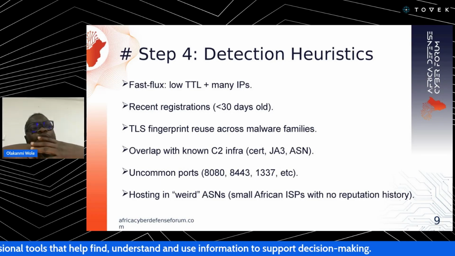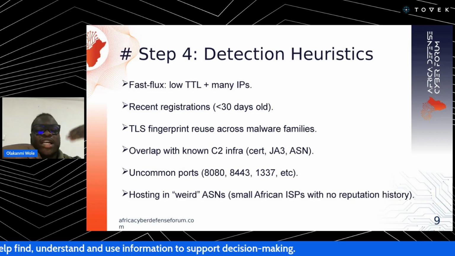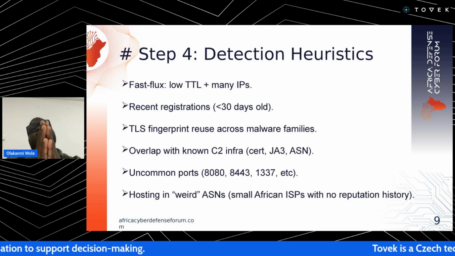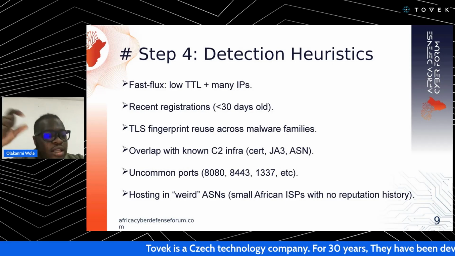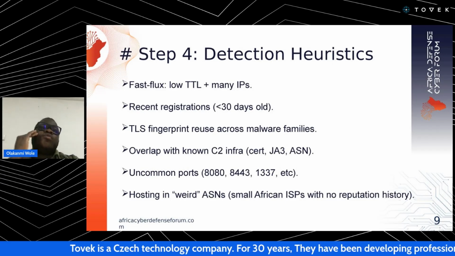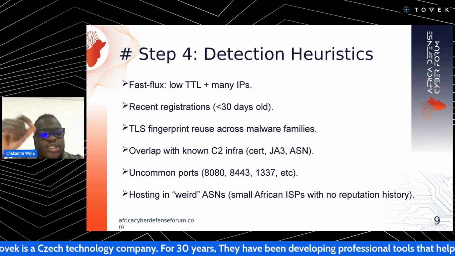If it's a domain that has been alive, but there was a period where this domain was not active, but then it became active again, these are indicators that you also need to be able to follow up with.